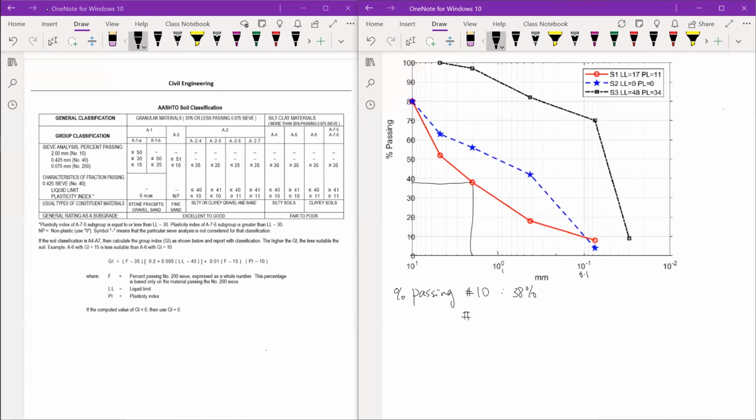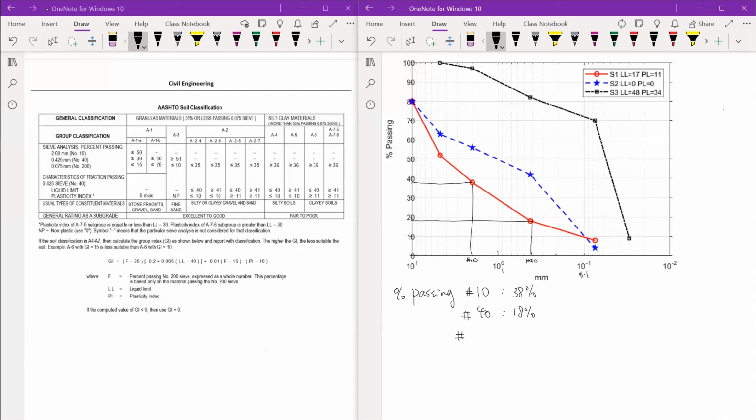Next is percent passing sieve number 40, and the size of that is 0.425 millimeters. So this is 0.1, 0.2, 0.3, 0.4. This is number 40, this was number 10, and we are reading about 18% right there.